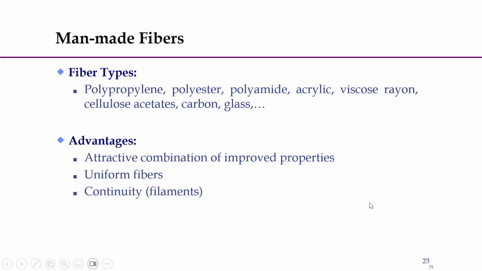These are the different advantages. You can get uniform fiber. Bicomponent fibers are widely used in filters, because the bicomponent fiber can create a stable structure.